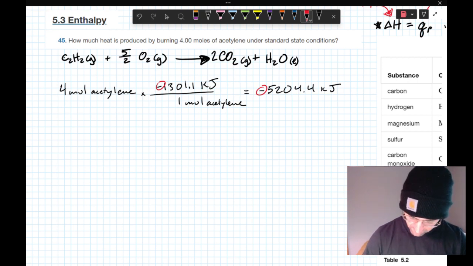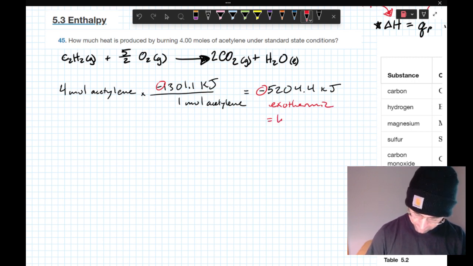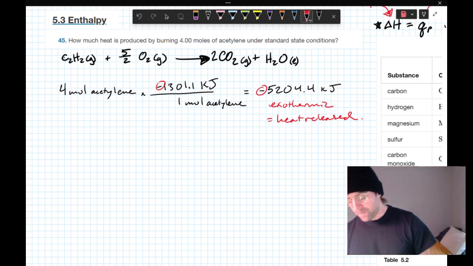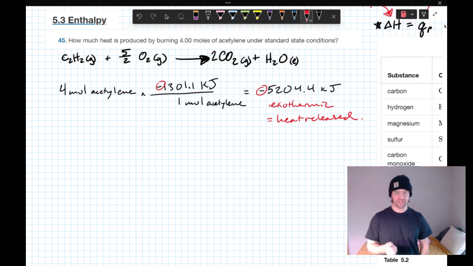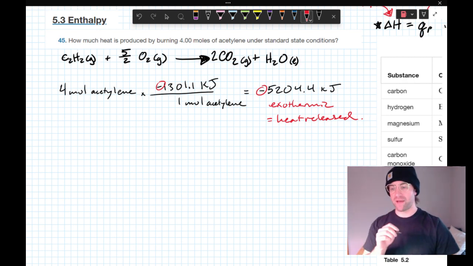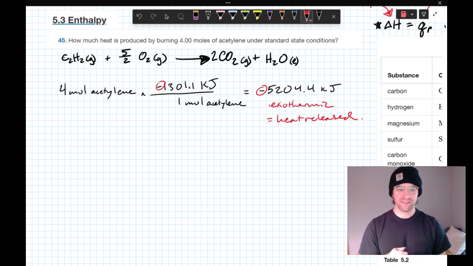We know that this is exothermic. The question is not asking it, I just kind of like to hit this home. How much heat is produced? The answer key in the textbook gives you a positive value. And so the reason I'm going back here and making note of the negative sign is just a reminder to be careful.